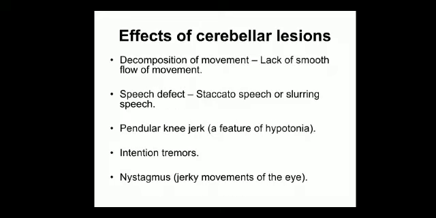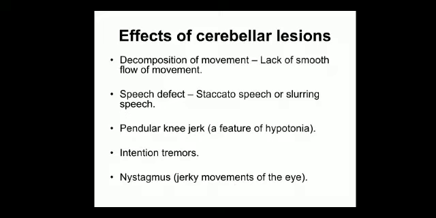And then there is speech defect as well. Speech muscles need coordination. For speech, they require the coordination of muscles of the tongue, so that will be lost and there will be a speech defect. And then intention tremors and nystagmus.